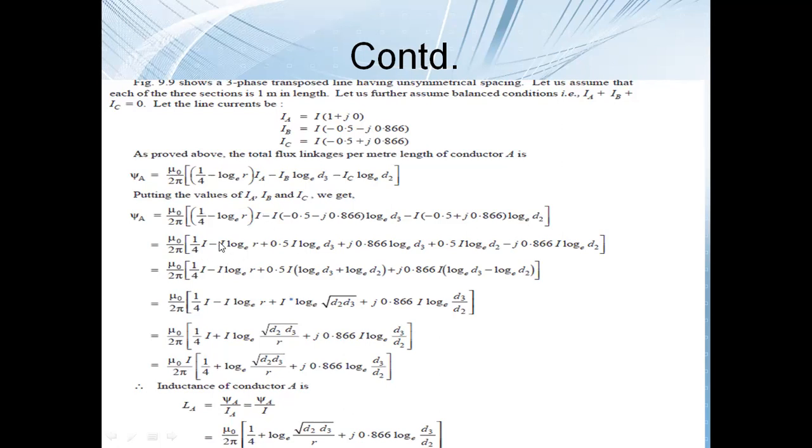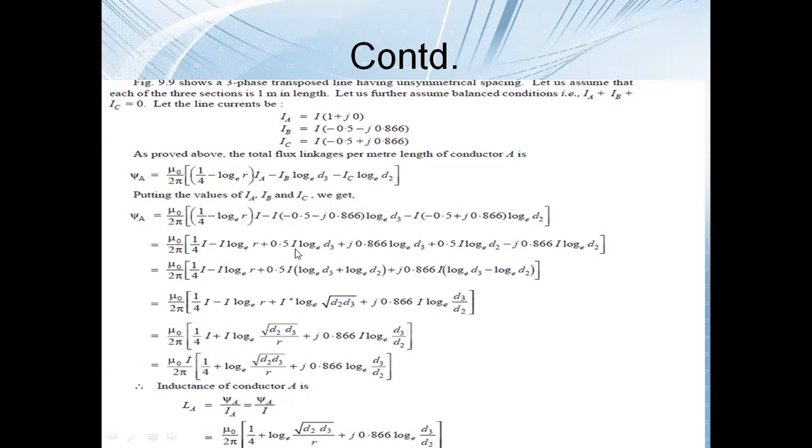So 1/4 into I minus I log R, this will be plus 0.5 I log D3, plus J 0.866 I log D3, plus 0.5 I log D2, and then minus J 0.866 I log D2. So this will come 1/4 I minus I log R.